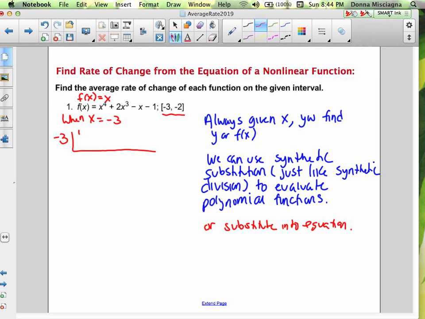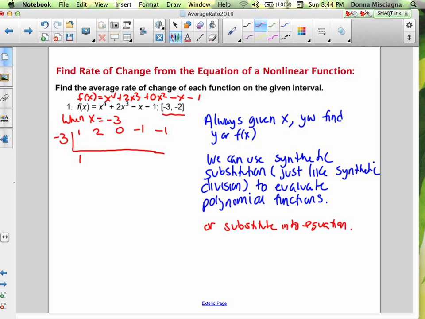We have x to the fourth, the coefficient is 1, plus 2x cubed, the coefficient is 2. Notice there's no squared term, so you can't just leave it off, you got to put a 0 there. And then minus x minus 1, so the coefficient is -1, and then the constant's -1. Right? So now it's just like synthetic division.